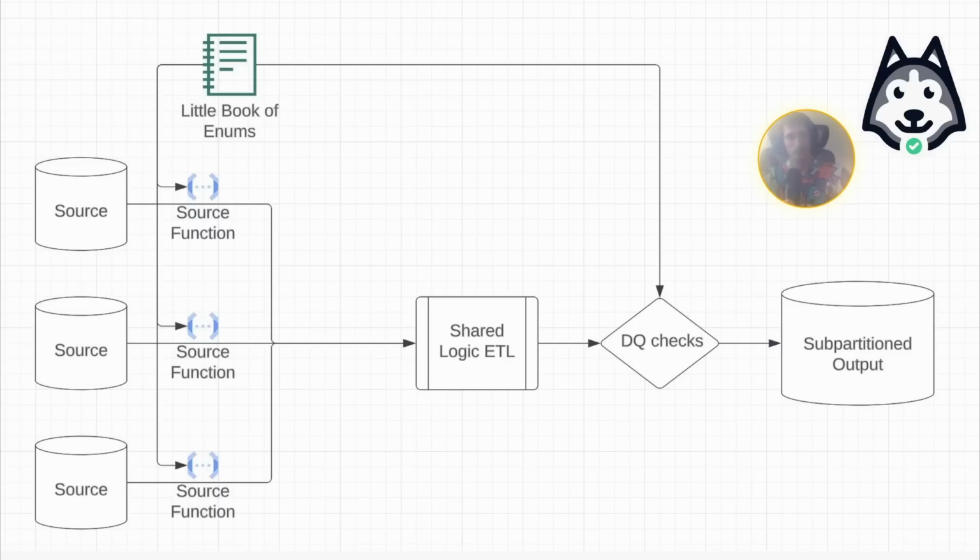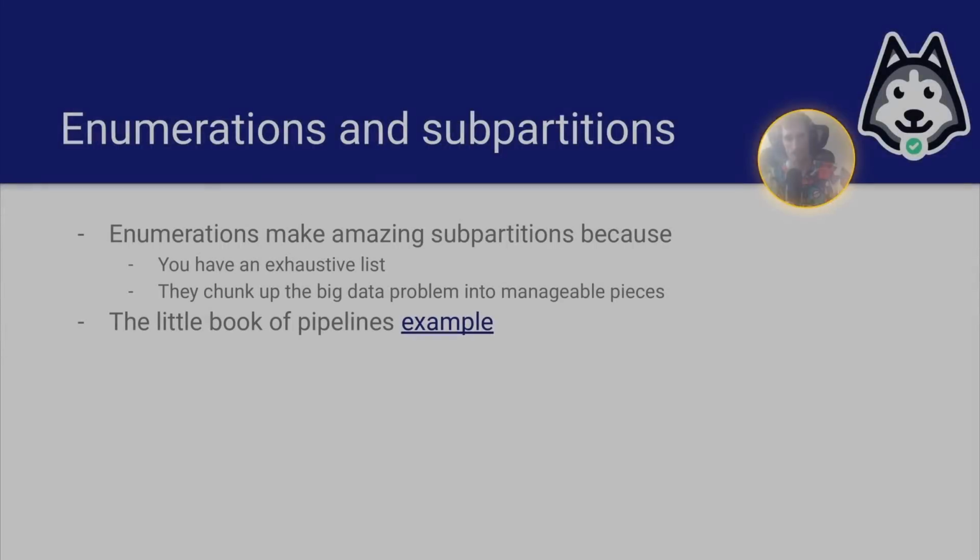And that's how you can share it between your DQ checks and your source functions, where in the source functions, you pass it as Python. And then in the DQ checks, you pass it as a table and you join. And that's how you get your thresholds for week over week, month over month, stuff like that. And keep in mind that there's a lot going on with this pattern, and so I highly recommend that y'all check out this example.